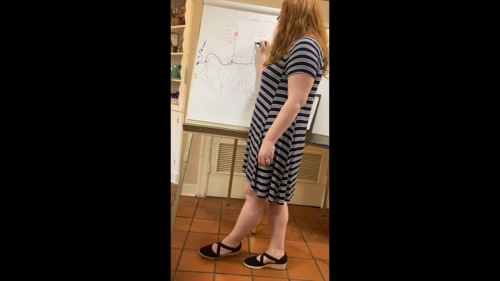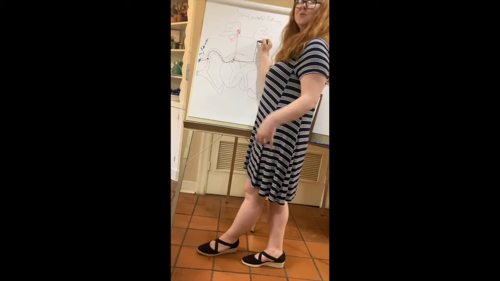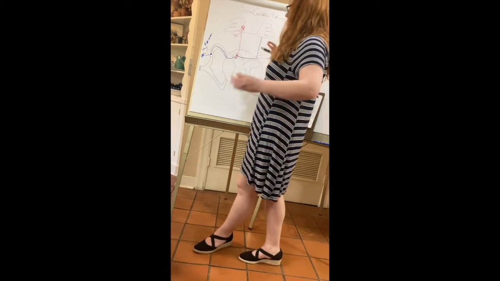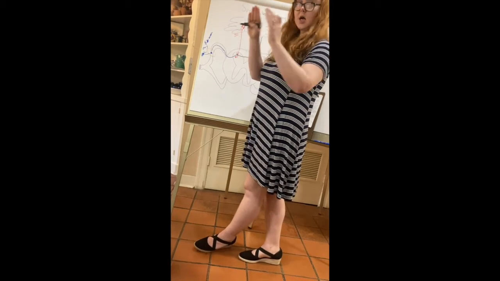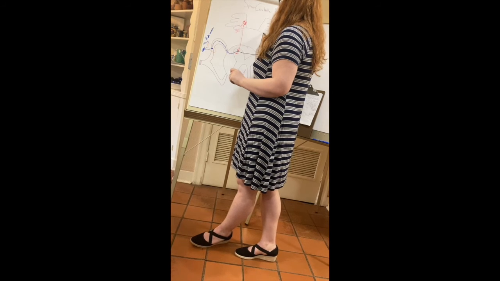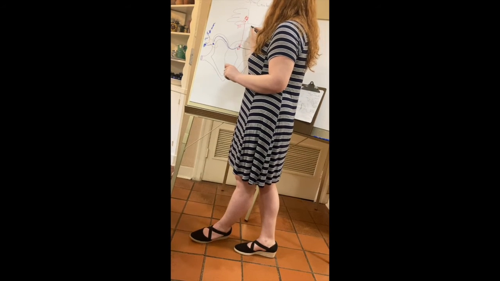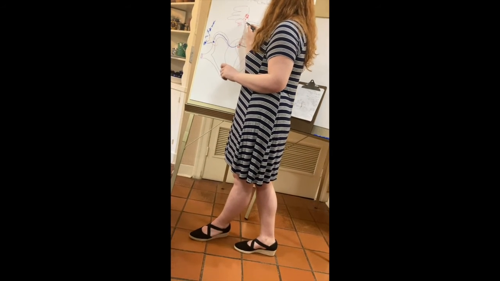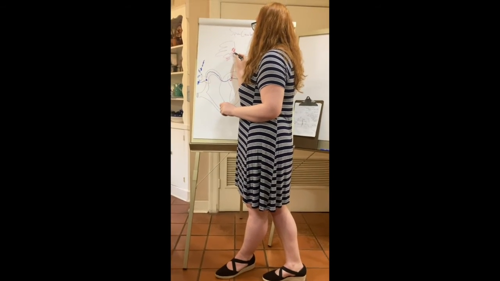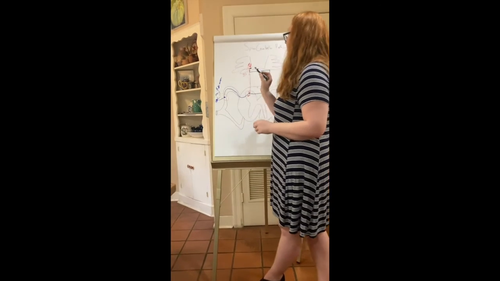Then it decussates again before it reaches the cerebellum. So we haven't reached the cerebellum. We are still going through the spinal cord, not quite there yet. So we are going to decussate over. And then we are going to go up again and synapse in the cerebellum. So that is going to be the endpoint there.